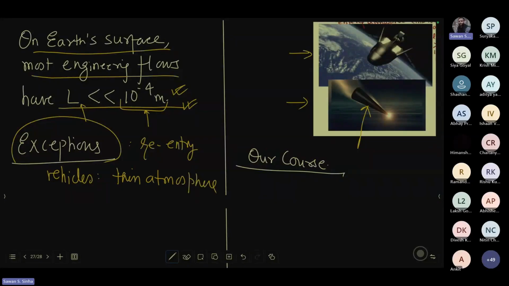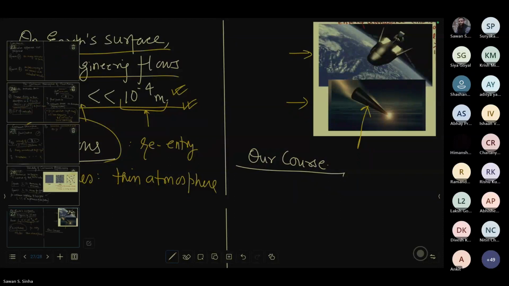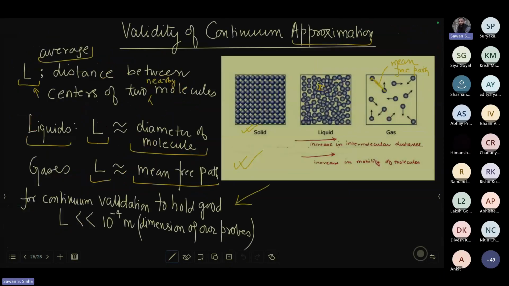The mean free path of the molecules, if you go back here, this distance I'm talking about will be very large. Thin atmosphere, very few molecules are there. An aircraft encounters one molecule, then it waits for like 20 seconds to collide with another molecule. Mean free path is very huge.